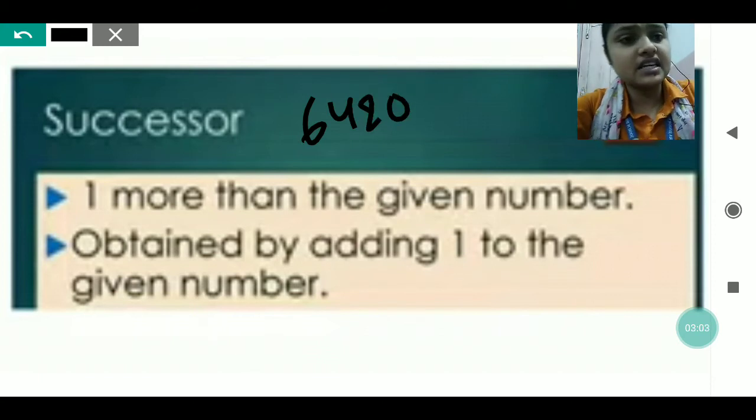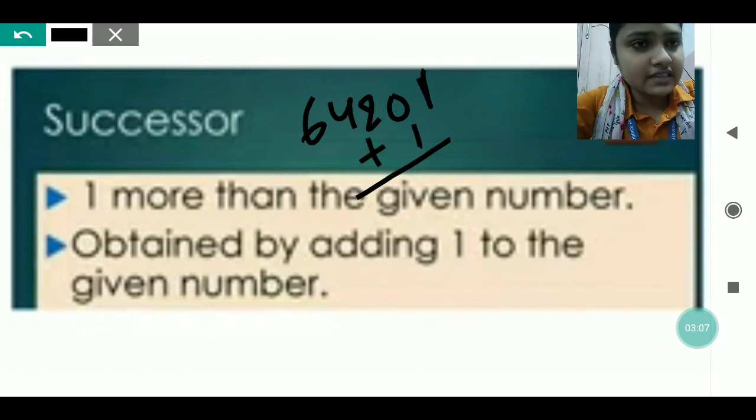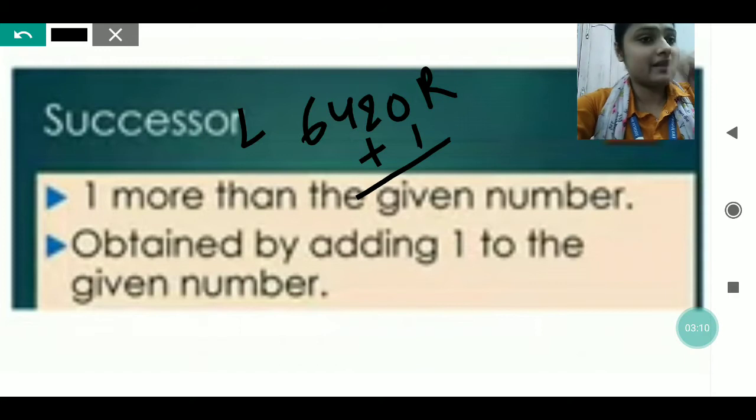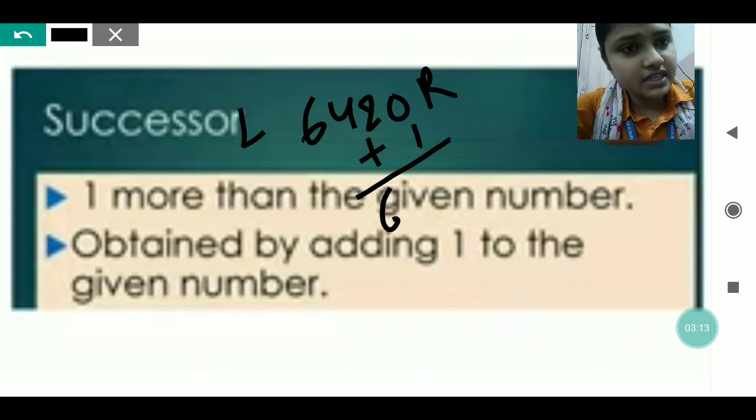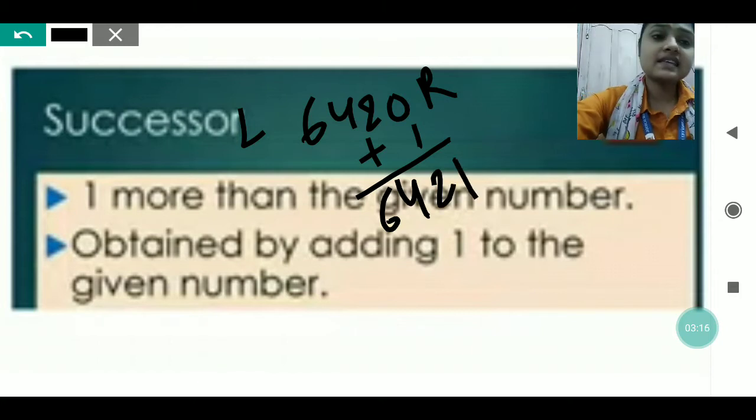It's very easy. Just add 1 in the last, from the right side, my dear. In the right side, last digit, we will add 1. It will become 6421. This is the successor of 6420. It's very easy to find the successor. We just have to add 1 to the given number.